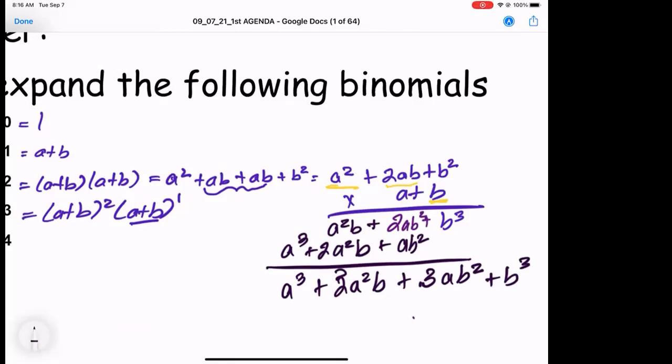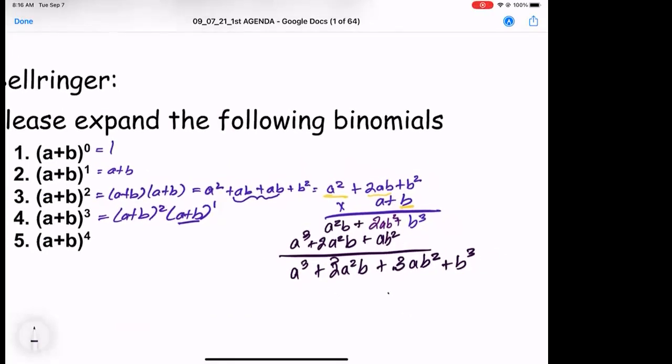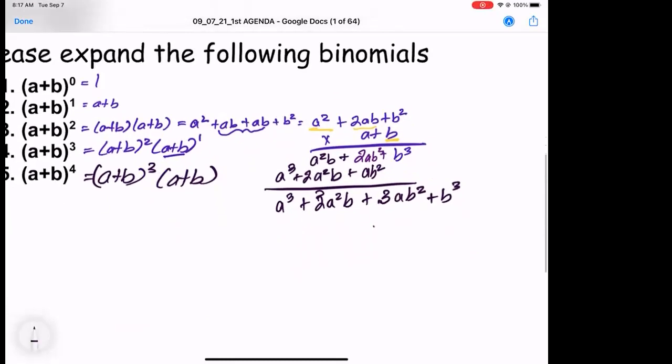Now we could keep going and continue to multiply by another a plus b. So this is equal to a plus b cubed times a plus b. That's a big one. Yeah, it's going to keep growing, isn't it?